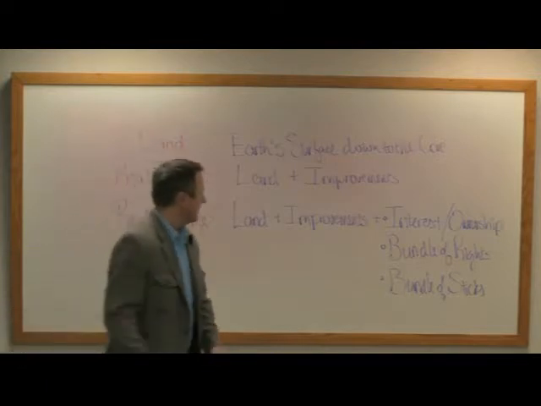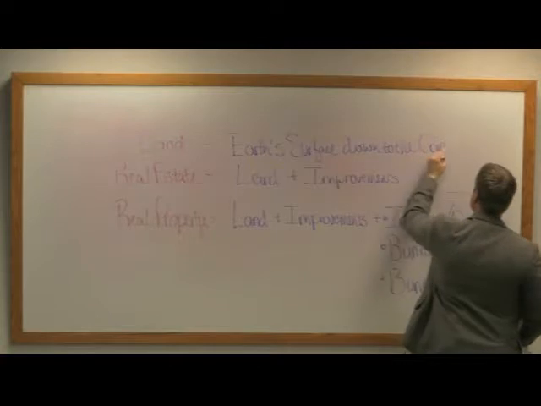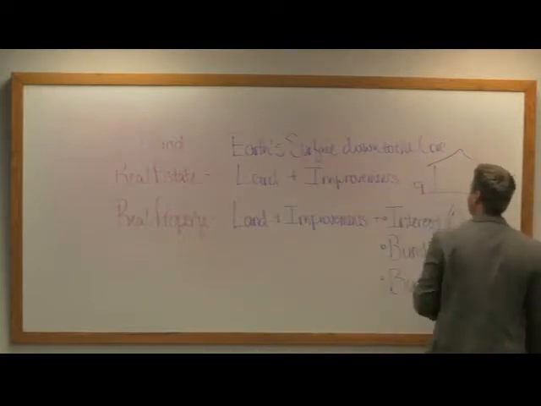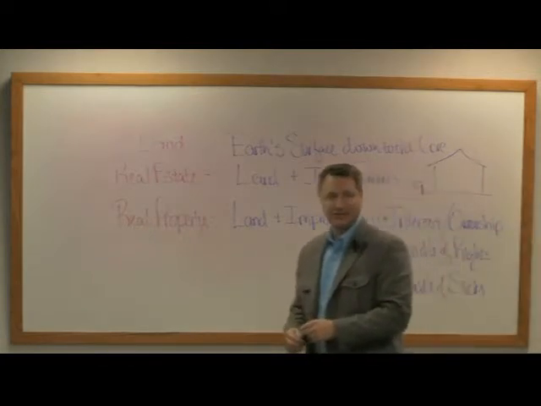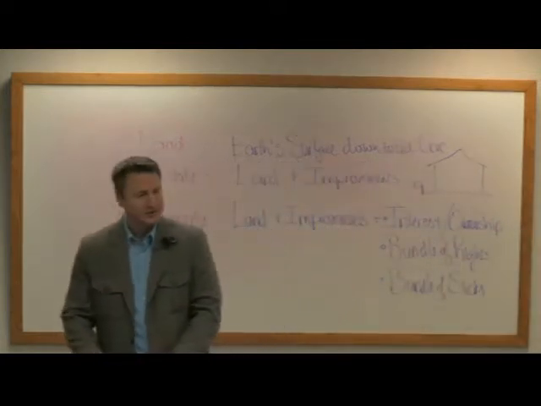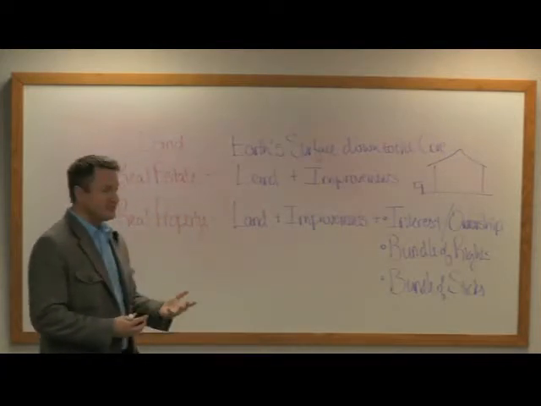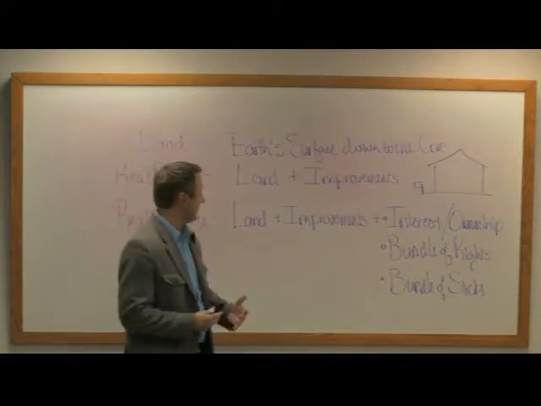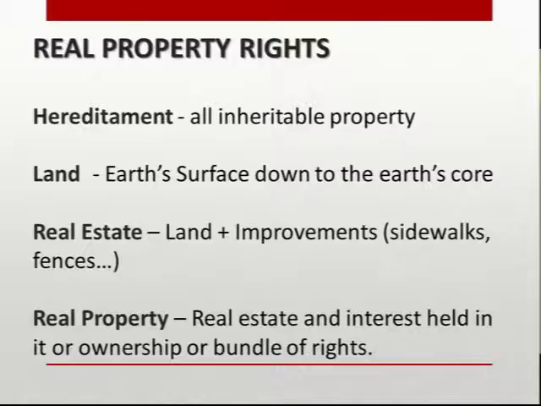So we have the land, and we put some improvements on it, like a mailbox and a house. Primarily, the house is going to be the improvement that we think of when we think of land or real estate. So real estate, we are real estate agents. We're helping people sell and buy real estate, land plus improvements.